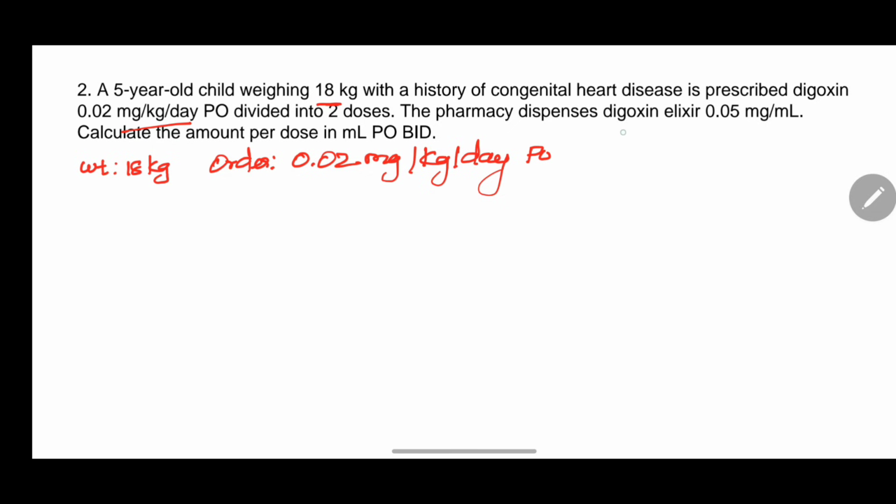The pharmacy dispenses Digoxin elixir 0.05 milligram per ml. So it is giving 0.05 milligram in each ml from the pharmacy. So the available dose is 0.05 milligram per ml.